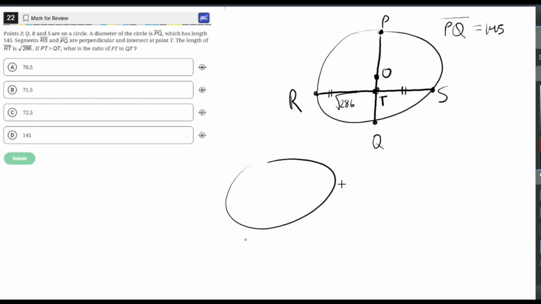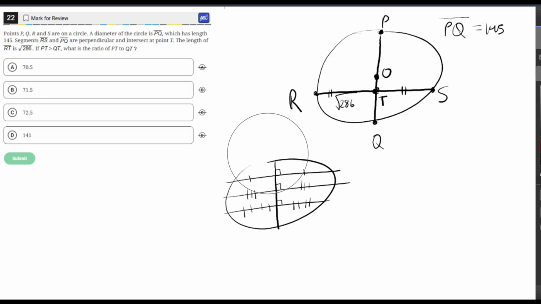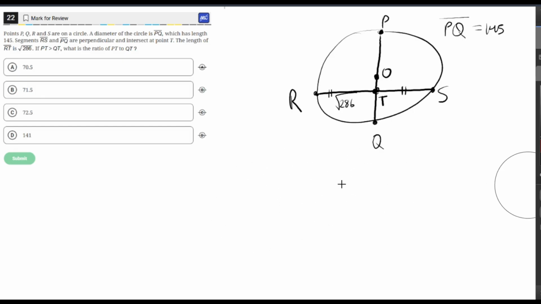So if you have a circle, any kind of line that passes perpendicular to the diameter will always have the same length on either side. That's just something you have to know. So that means that this is also root 286.